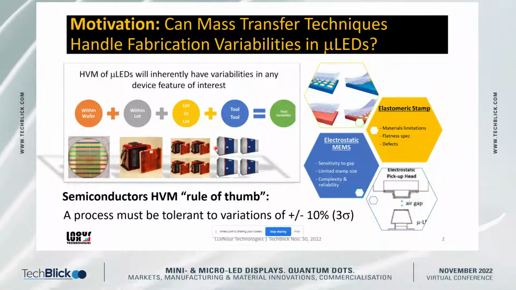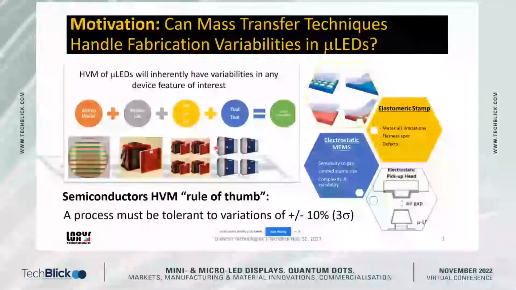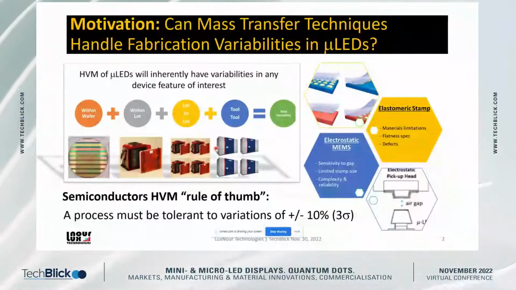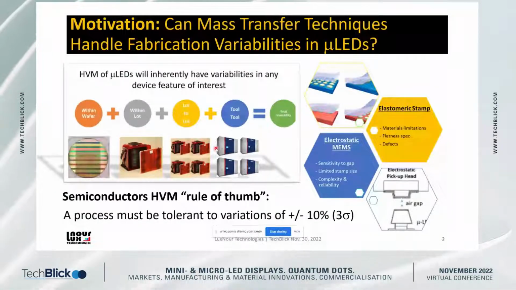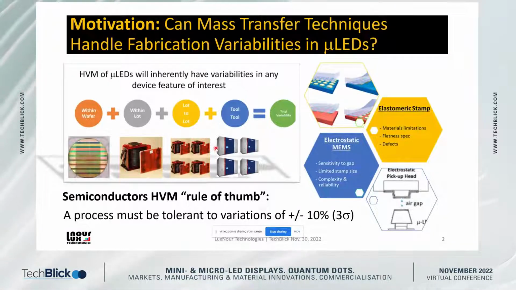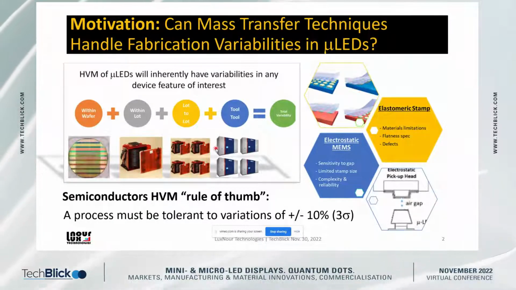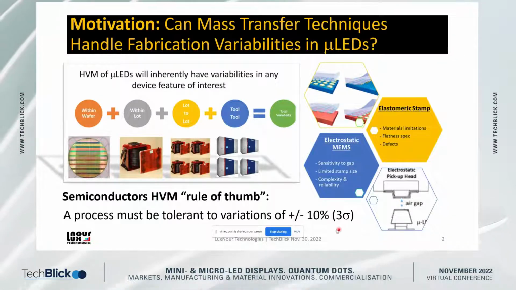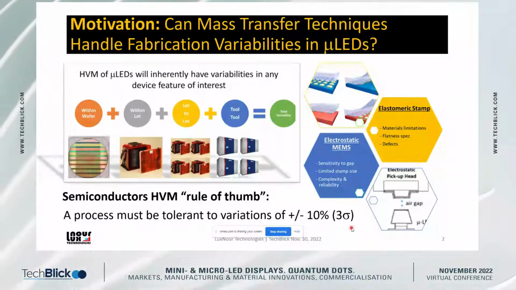I'm not talking about all mass transfer techniques, but my focus is on deterministic ones. The rule of thumb in semiconductor high volume manufacturing is that any process must be tolerant to variabilities of about 10% plus or minus 3 sigma.